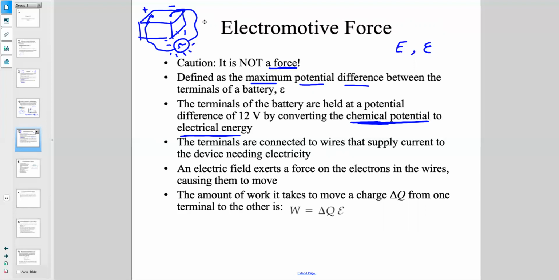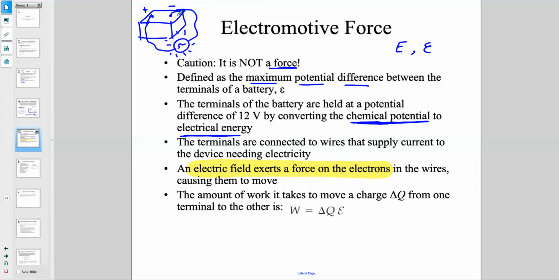This is the exact same truth. The reason that these charges are moving from a higher potential to a lower potential is because there exists an electric field, and that electric field is causing the electrons to move. So the terminals are connected, the electric field exerts a force on electrons. This is very important.